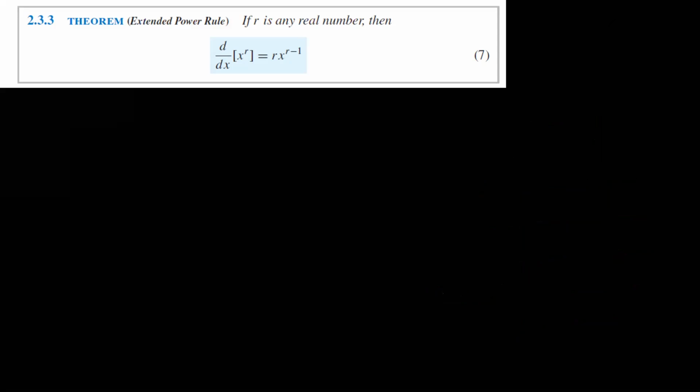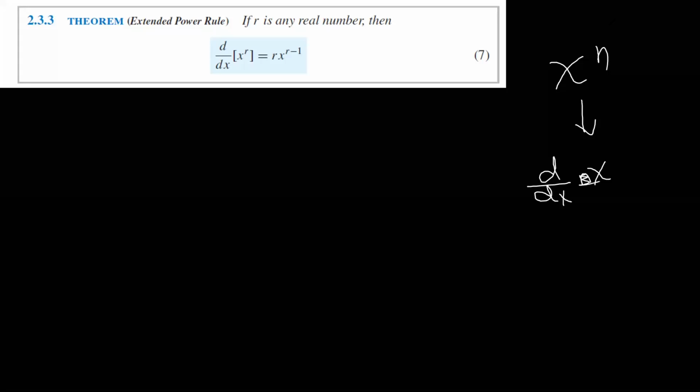If you have a positive integer, x raised to the power n, we say that the derivative of it is n x raised to the power n minus 1. What now if I have any real numbers like -4 or half or square root of 3?